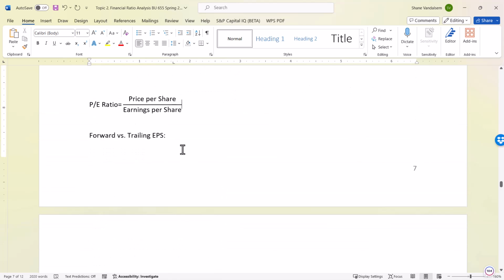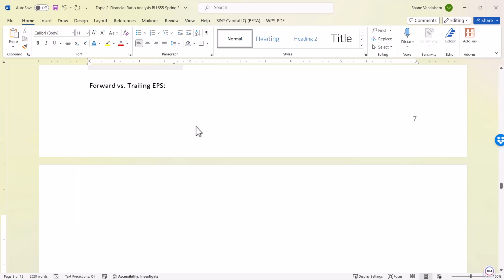So we have forward versus trailing EPS. The forward EPS is the expected EPS in the next coming annual period. And there's actually many ways to define that annual period. I'm not going to go into that much detail in this set of notes, but what I want you to know is that the forward EPS is the expected earnings per share for the next annual period.